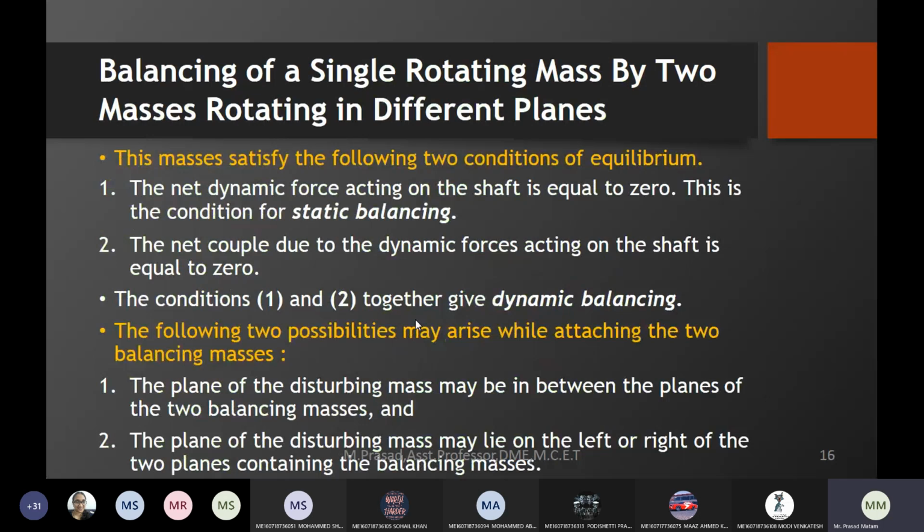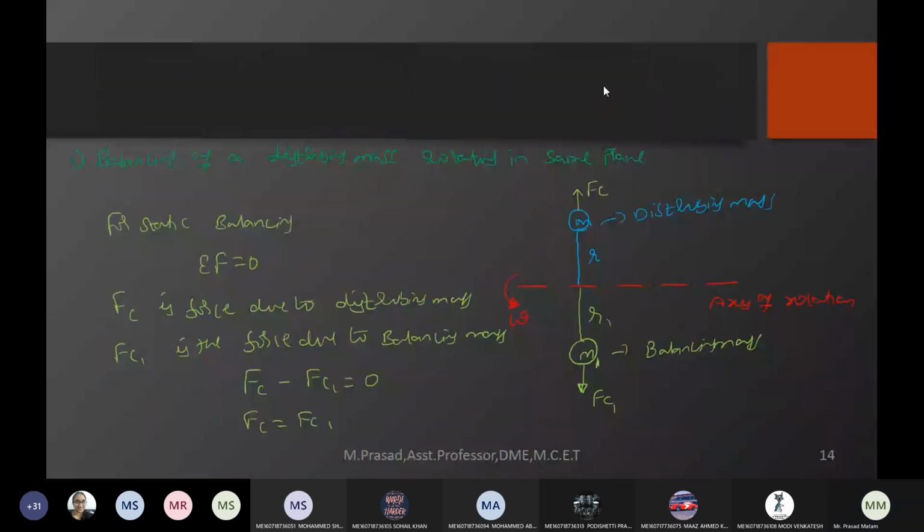Here, balancing of a single rotating mass by two masses rotating in different planes. Earlier we had only one disturbing mass, and this one disturbing mass was balanced with only one balancing mass.